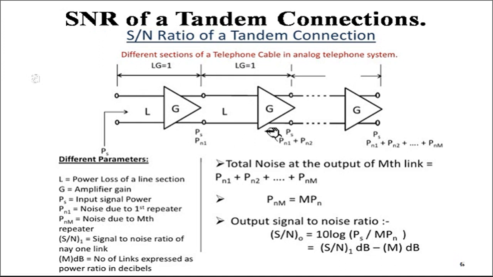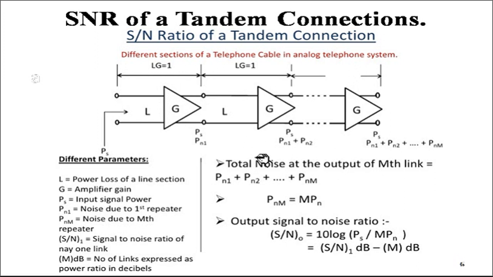Each amplifier should have G into L equal to 1, that is, G into L or L into G is one and the same thing, which should be equal to 1. But one drawback is that each amplifier may add its own noise. Each amplifier stage has its own noise, so they may add it.